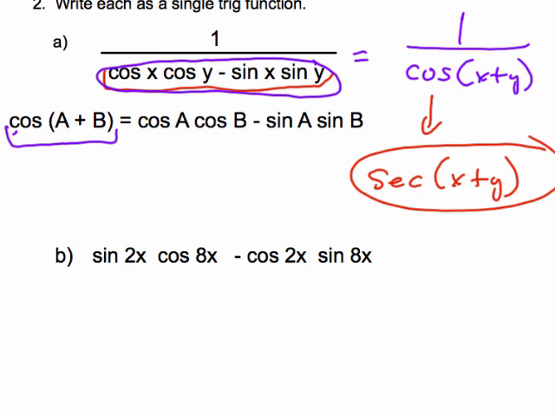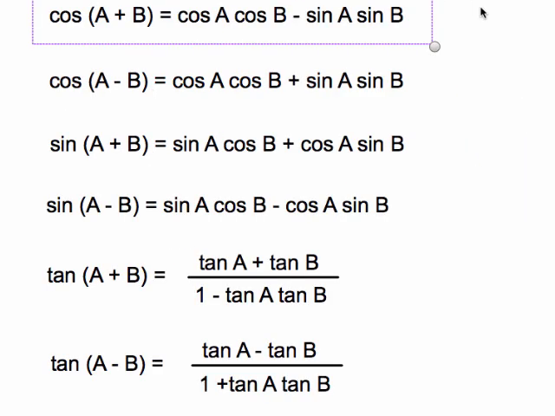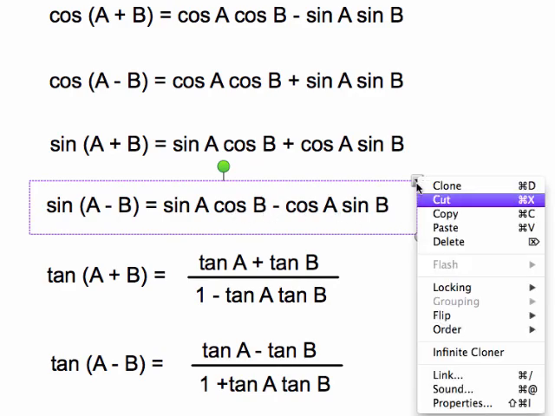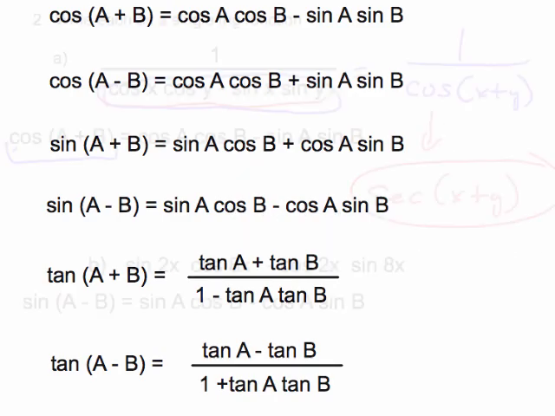Okay, here's another one. We have sine times cos minus cos times sine. And again, you'll hopefully recognize that as one of the addition angle identities. Let's go look at our list. Sine cos minus cos sine, this one right here. Right, we're looking for the minus and the pattern sine cos minus cos sine. So let's copy that over to our other page.